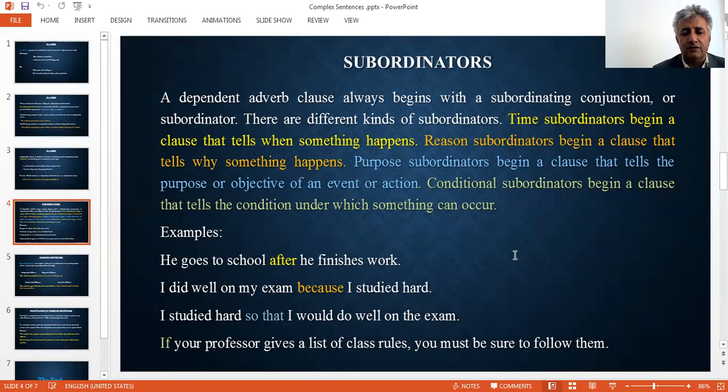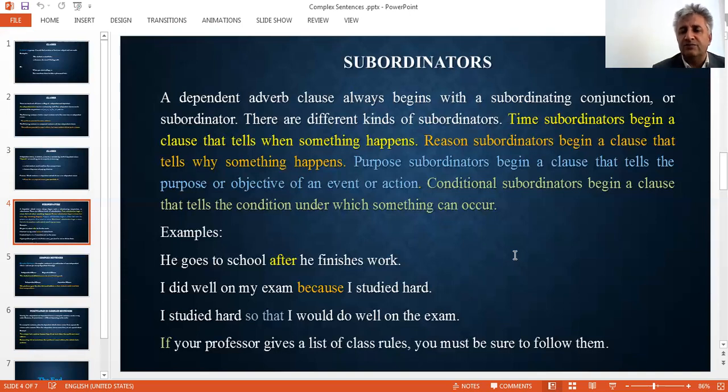He goes to school after he finishes work. So after is a subordinator, and it's actually a time subordinator, and after starts a clause, which is the time of the sentence, after he finishes work. It shows when the first sentence happens.